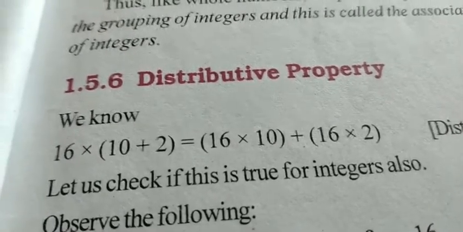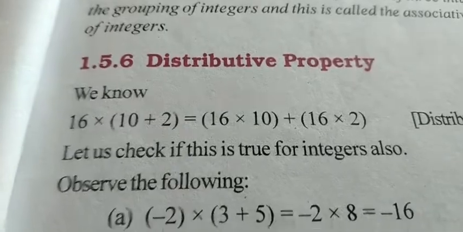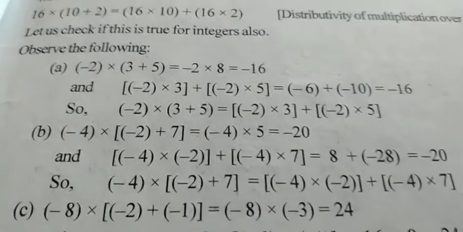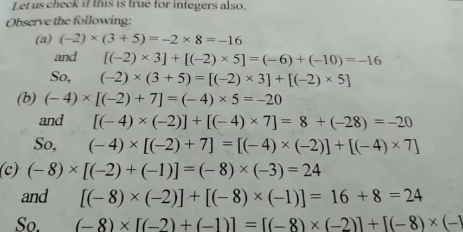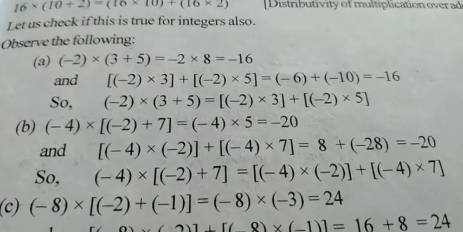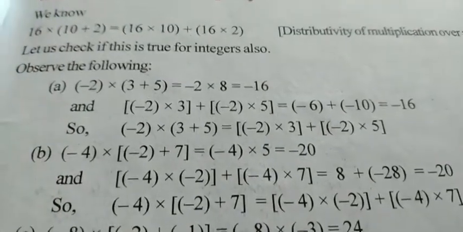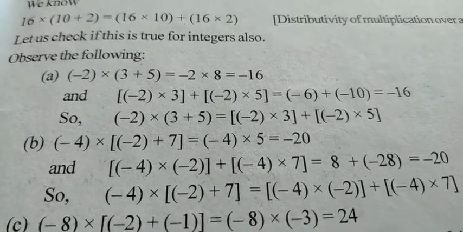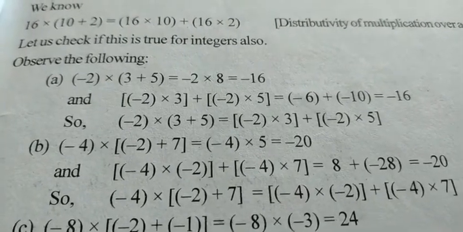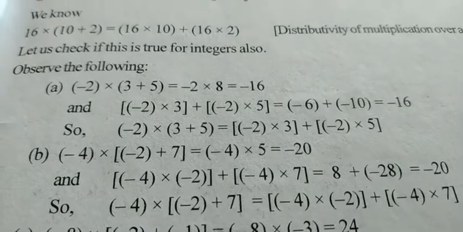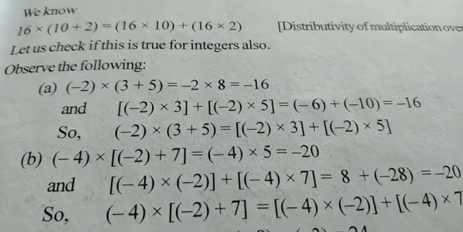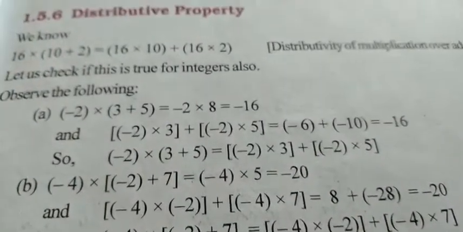You can check it by multiplying, and you have several examples here under the distributive property. Negative 2 is multiplied with 3 plus 5. So 3 plus 5 gives you 8, and 8 multiplied with minus 2 gives you minus 16.